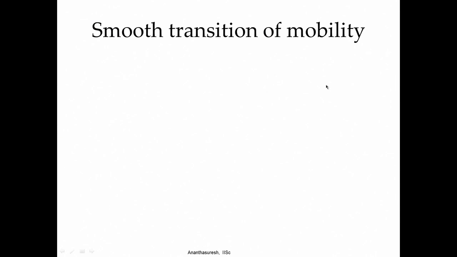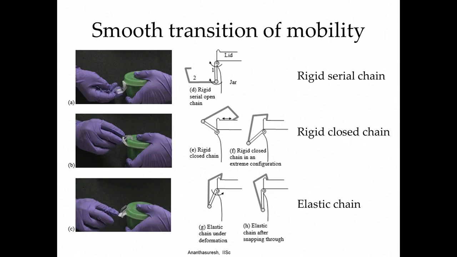Let us look at this mobility that is attained because of elastic deformation, that is, with compliant members as opposed to rigid members connected with joints, for which I have taken a day to day object, which is basically a can of coffee powder.